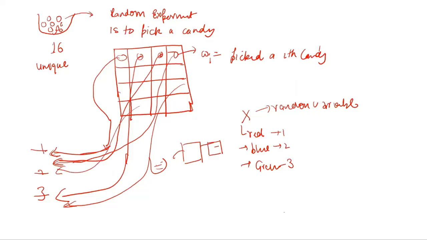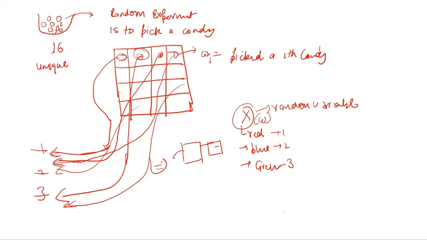Right. And here when you observe this, X is actually a function of omega, because depending on what outcome has actually occurred, this value would change. If this outcome has occurred, you will see X as 1. If this outcome has occurred, you will see the value as 3. So when you look at this machine, you will observe one of the values 1, 2, or 3.